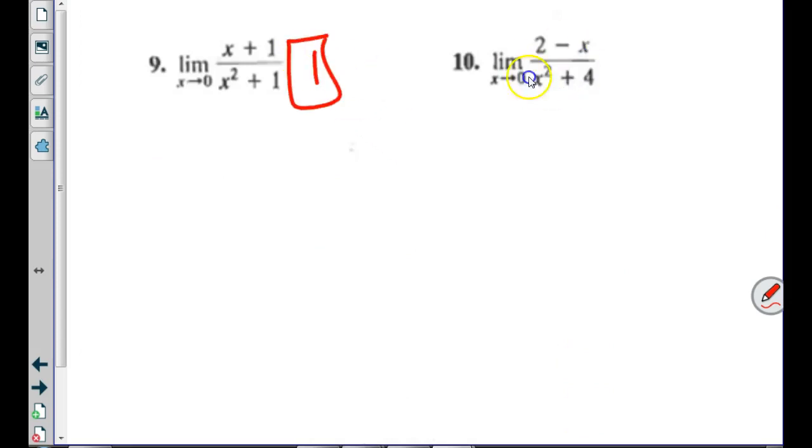Are we okay to do this by direct substitution, you think? Seems like it would work if you put a 0 in, right? So we get 1/2, but we can check the graph.